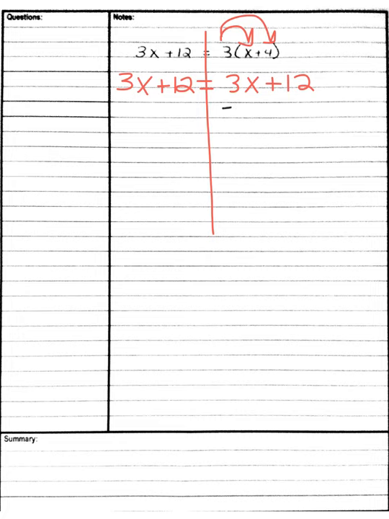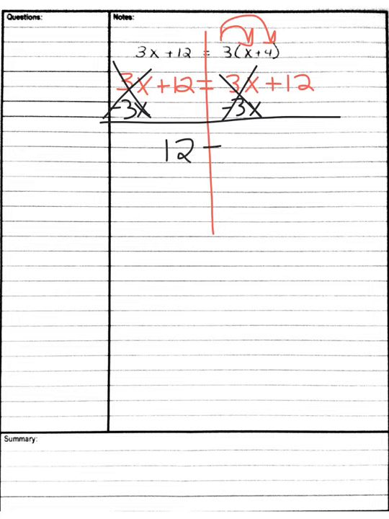When I move my 3x to get it with the other one on the other side, you notice that all my x's are gone. So what we want to ask ourselves is, is this a true statement? Does 12 equal 12? Yes, this is a true statement. They are equal. They are the same thing.